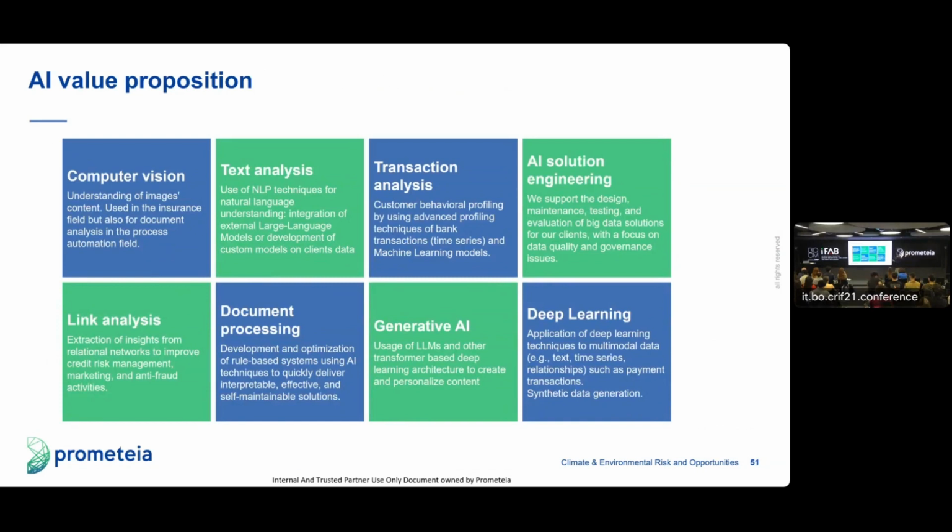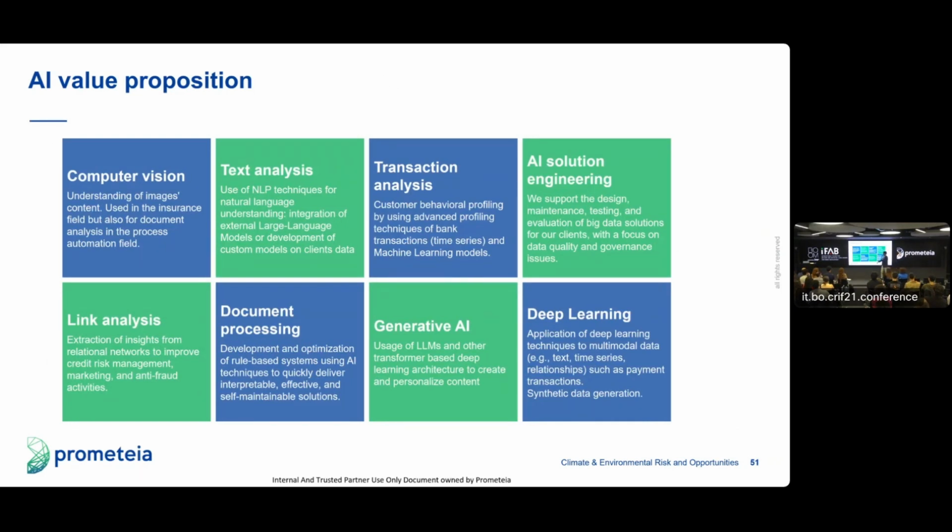So many activities that are very much on the edge. As I said before, Promethea started as a spin-off of a university, so research is still very important there. And so we are also trying to keep ourselves on the edge of some specific techniques.